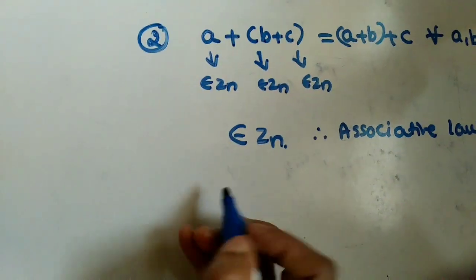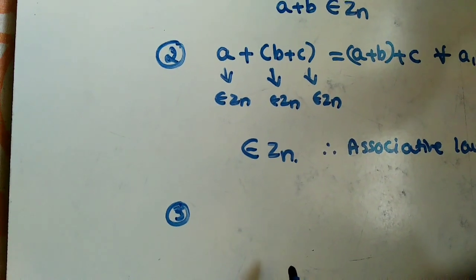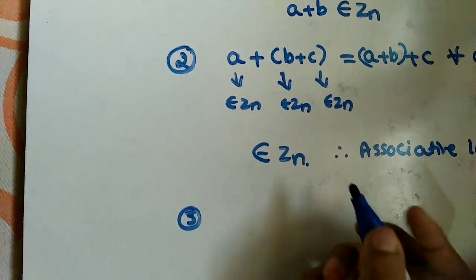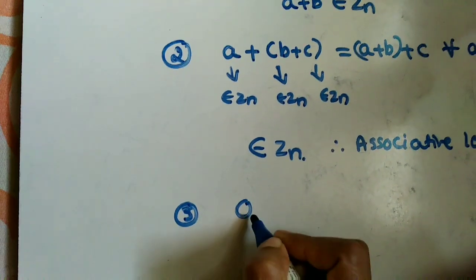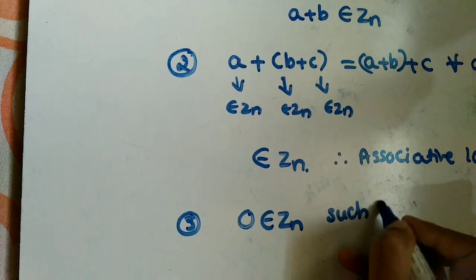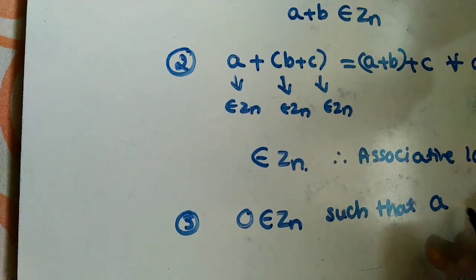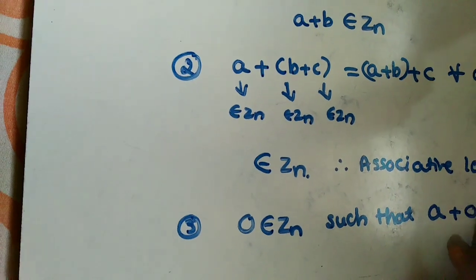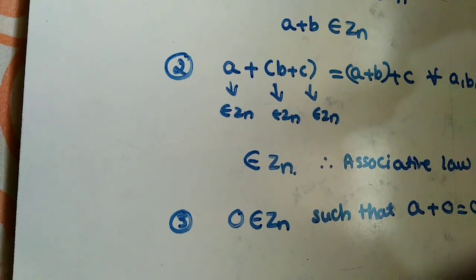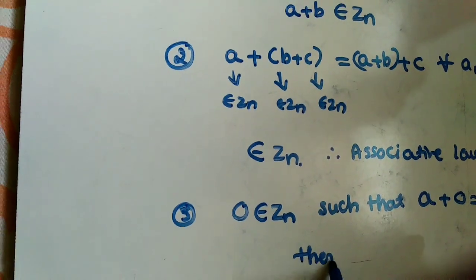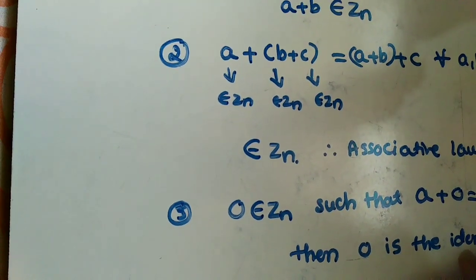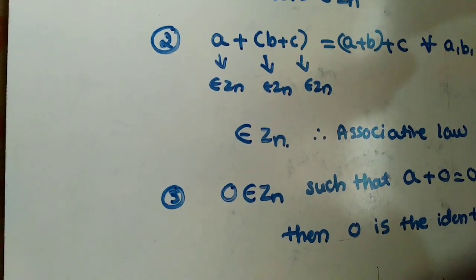What is the third law? The identity law. We know the identity element with respect to addition is 0, and of course 0 belongs to Zn, such that a + e, where e is 0, and 0 + a gives me a, and this a belongs to Zn.